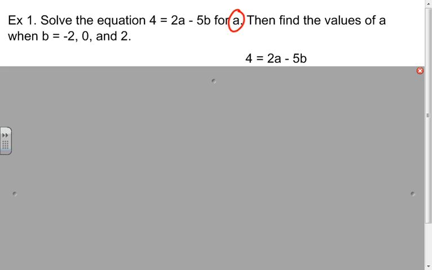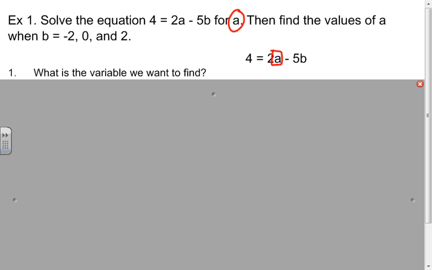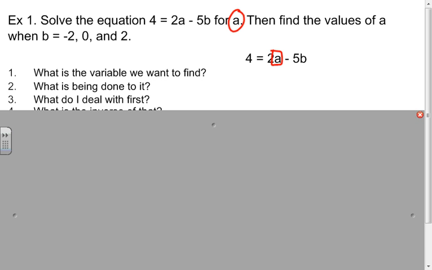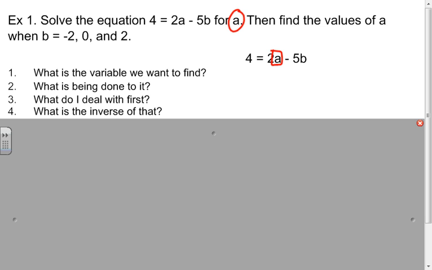So here's my equation. We're trying to get a by itself. The a is being multiplied by 2, and it's being subtracted by 5b. Which part do we get rid of first? Well, we're going to get rid of the 5b because it's farther away. So the inverse of subtracting 5b is adding 5b.